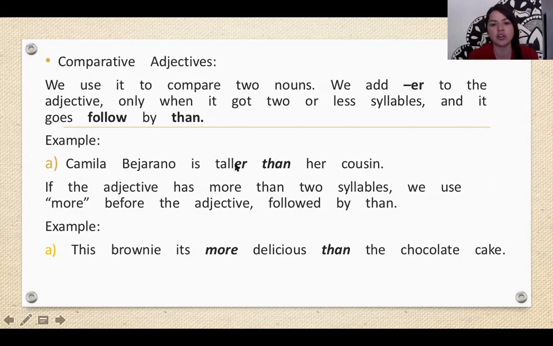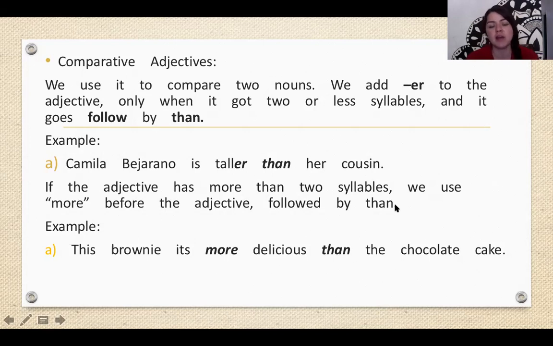Tall is a short word, okay? Let's see what we need to do with the longer adjectives. If the adjective has more than two syllables, we use more before the adjective, followed by than. Again, it's followed by than, okay? Because we are comparing two things.